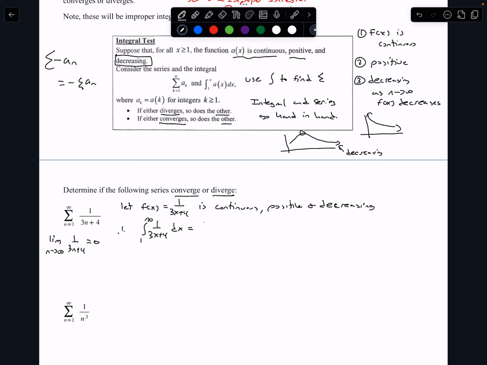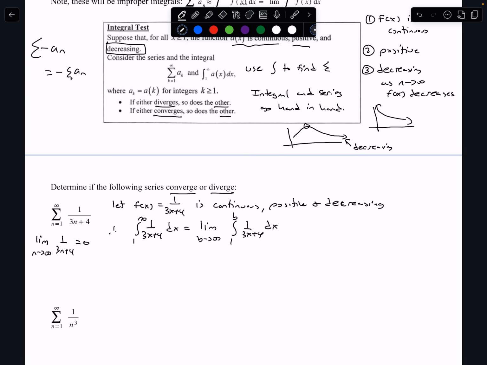Now, this is improper, so we're going to write it as a limit as b goes to forever of 1 over 3x plus 4 from 1 to b. Oops, so forget my dx. This is a u-substitution. We should be pretty good at these by now. This becomes now the limit as b goes to infinity of 1/3 natural log of 3x plus 4, and that goes from 1 to b.